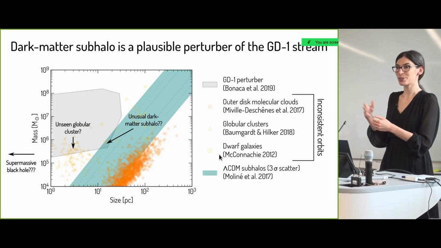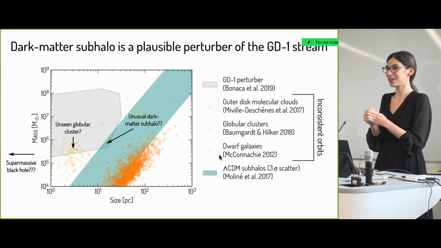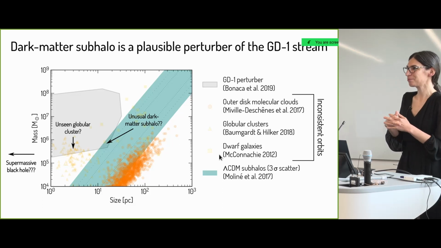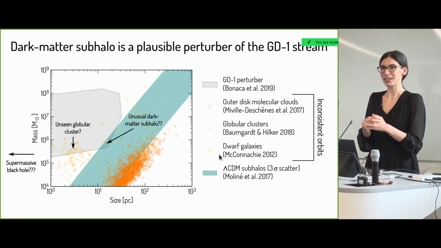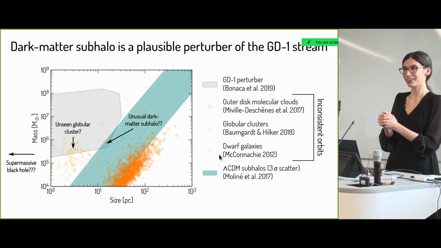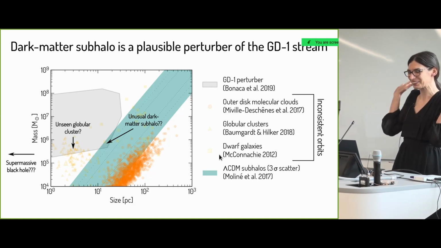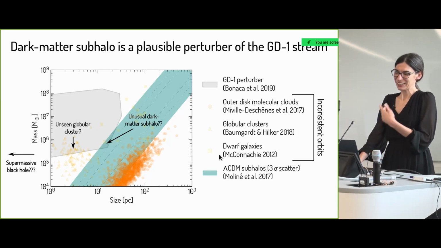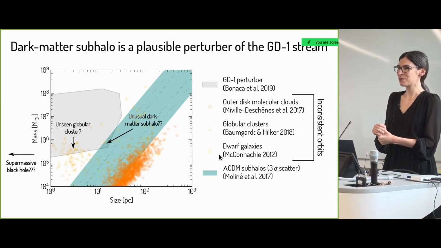Our solutions are perfectly fine with this being a point mass object like a supermassive black hole. Of course, there are not many reasons to expect supermassive black holes to roam around in the halo, but we're trying to be agnostic here, and take a next step and see how we can tell.